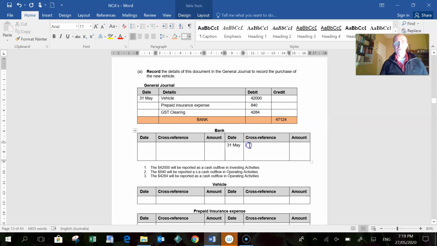Now you can put it all as one item or three. Let's do it as three. It probably would be quite reasonable to do the vehicle and GST, but it doesn't matter as long as you get all the amounts in that add up to the total amount coming out of the bank account.